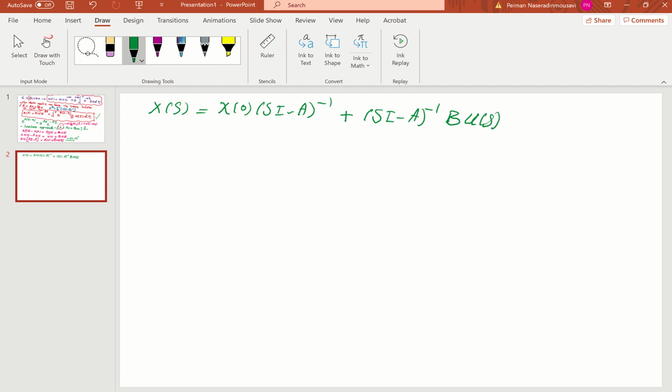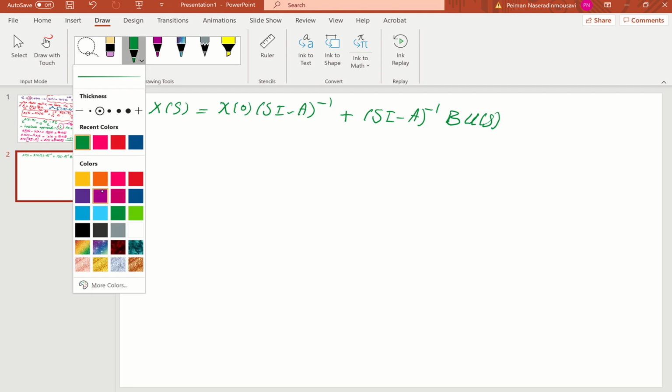But this is in the frequency domain, and you want to find the time domain solution of the state space LTI system.